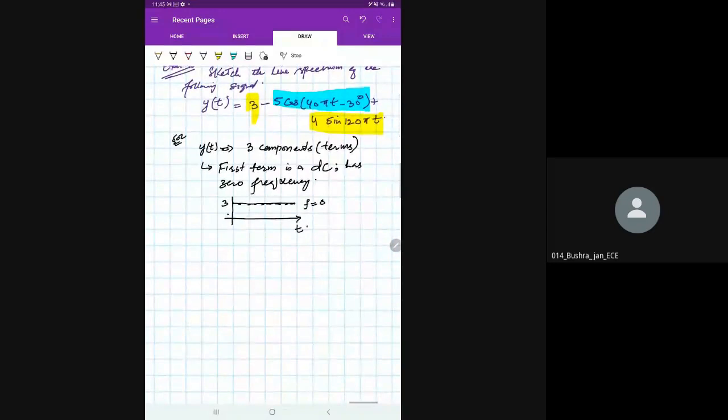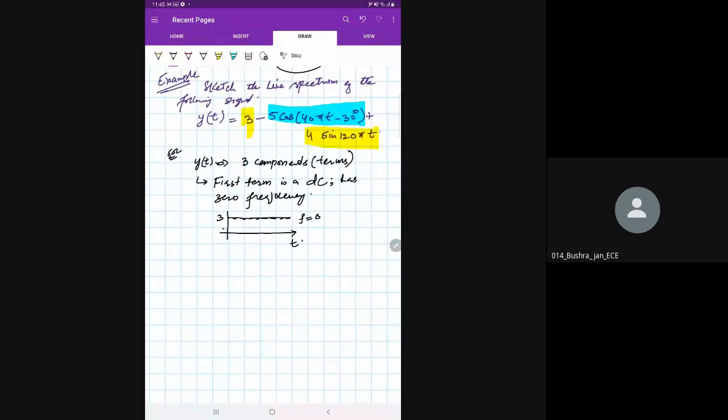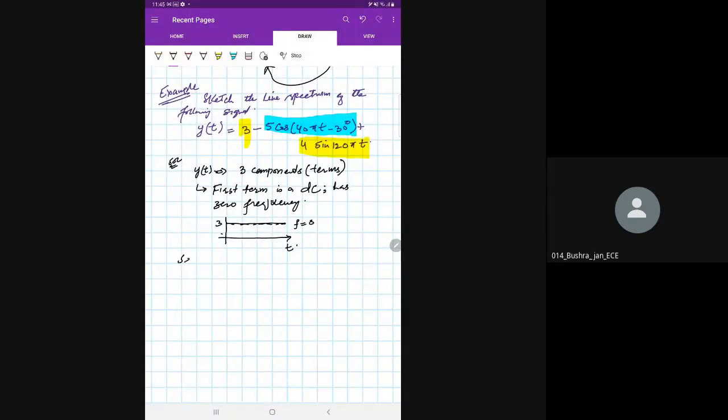Okay. What is the second term? I'll ask the students. Roll number 33 is here. Yes, sir. हाँ बताओ बेटा, what is the second term? It is AC or DC?